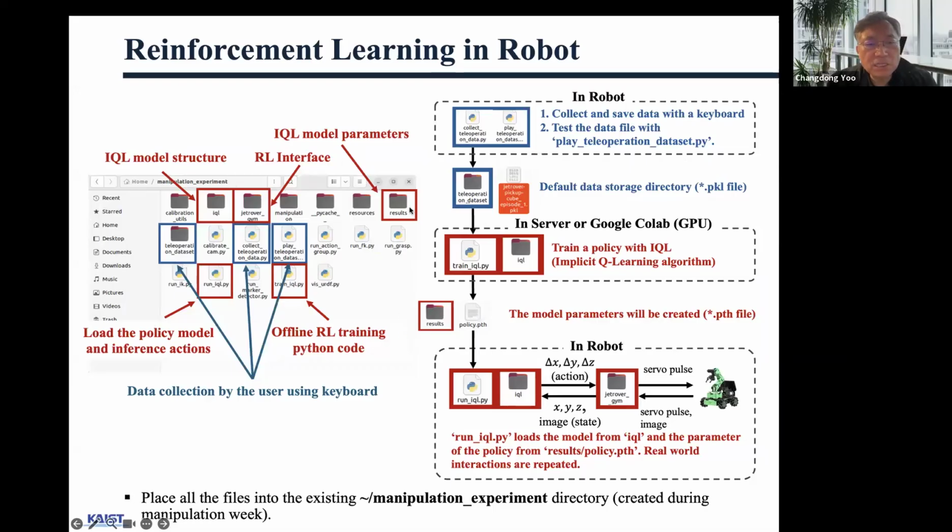The directory that you see in this slide is in your robot, and it has a lot of files, and some of these files represent data collected from the teleoperation. You collect and save data by using your keyboard, and test the data file with play teleoperation data set.